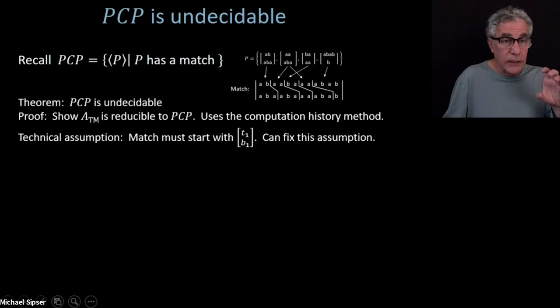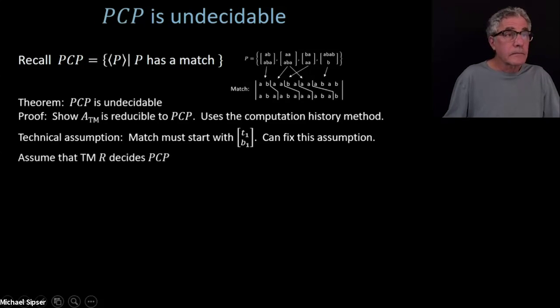This is going to make my proof a little simpler, and then you can fix that assumption later. If we have time at the end, or maybe after the lecture is over, if there are questions, I can show you how to fix that assumption. But for now, to simplify the proof, we're going to assume that the matches always have to start with that particular domino. If you didn't follow that point, don't worry. You can just ignore it. You'll see where it comes up later.